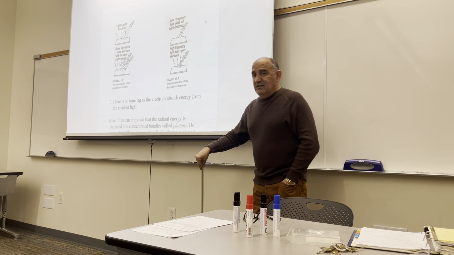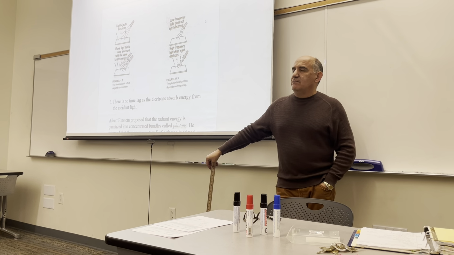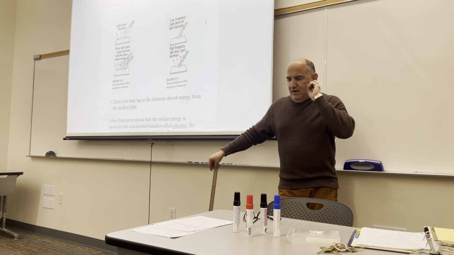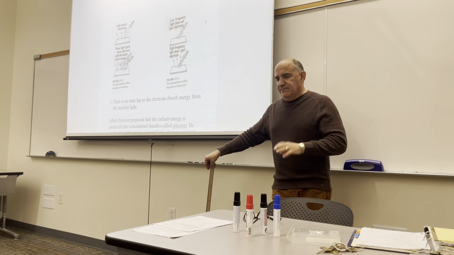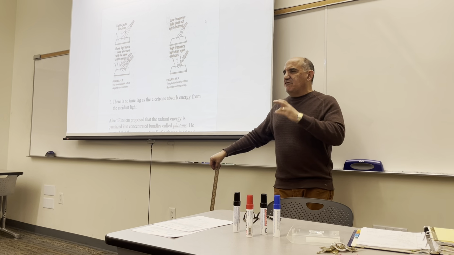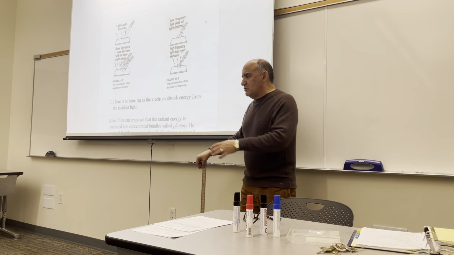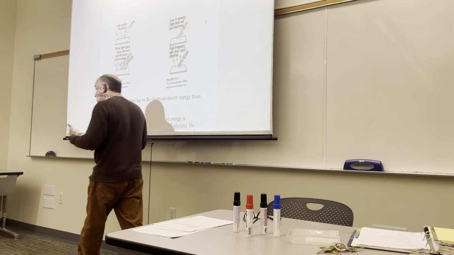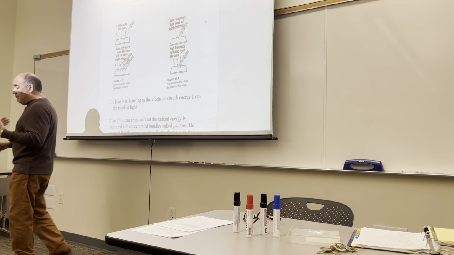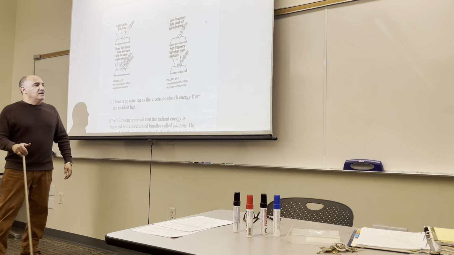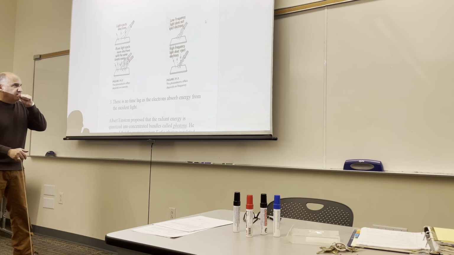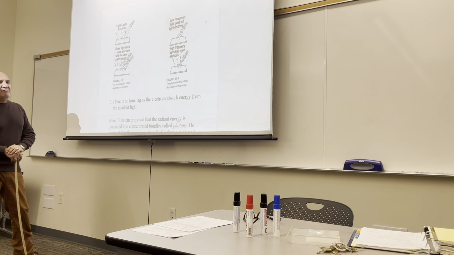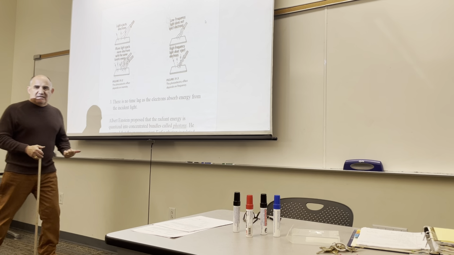Everyone failed because all of them were thinking of the light shining on the metal as a wave, as an electric field amplitude and a magnetic field amplitude, which is what James Clerk Maxwell had discovered like 10, 15 years before that first experiment. They were treating the light as a wave, and they were getting nonsense results that didn't match experimental data. And this is where Einstein came in.